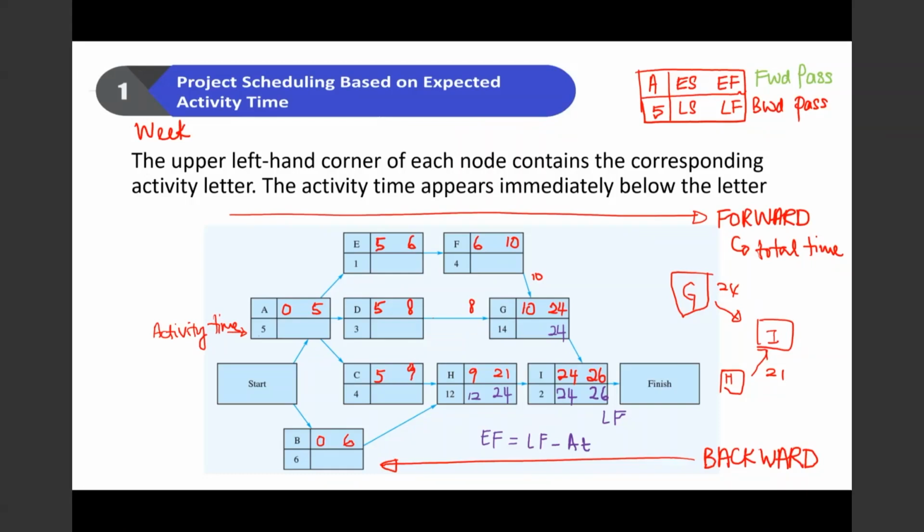What comes in the precedent activities is C and B. So since H's late start is 12, the late finish here will be 12 and 12. Sorry, this is not early finish, this is late start.